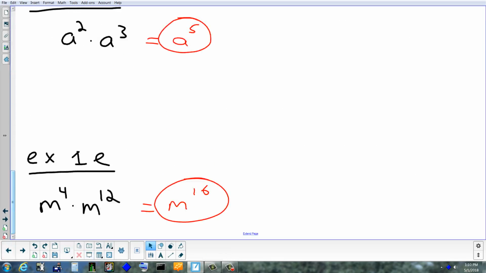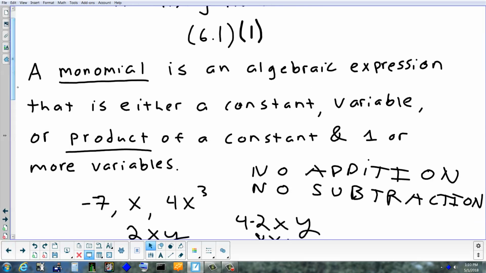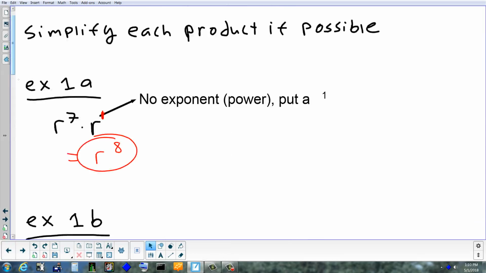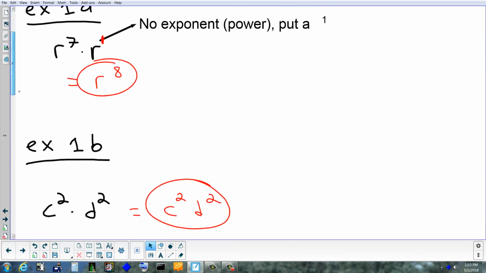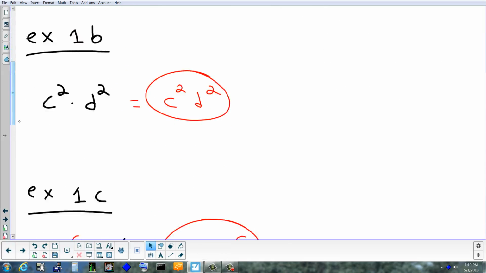All right, now, when I gave you guys the definition of a monomial, look what it says right here. It's the product of a constant and one or more variables. You can have more than one variable. This one only had one. This one had two.